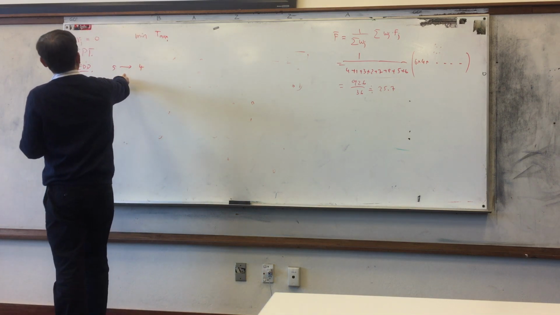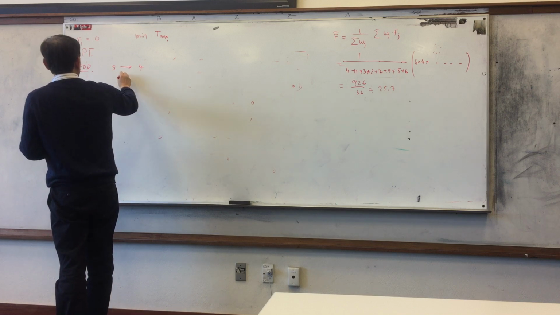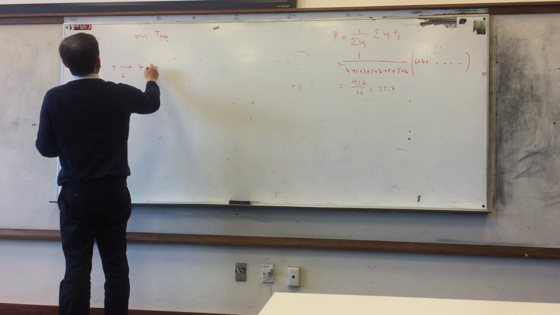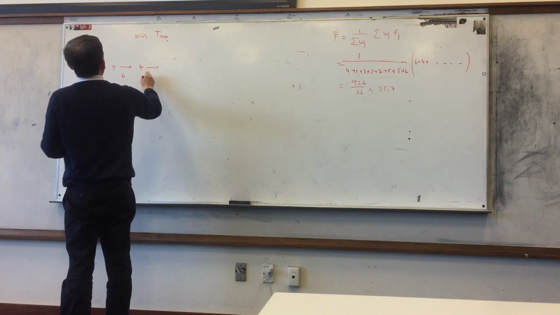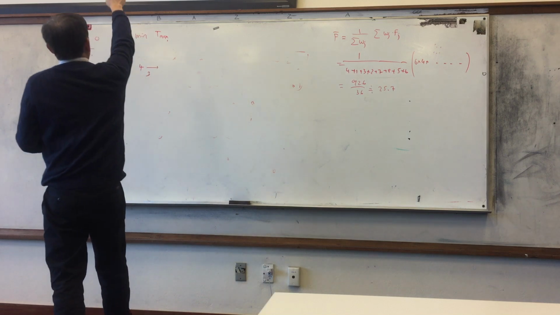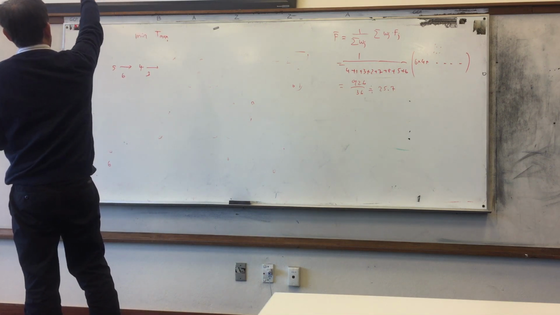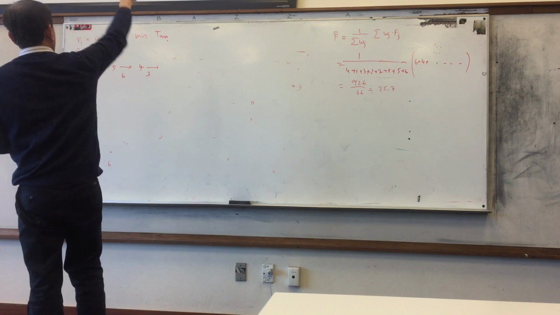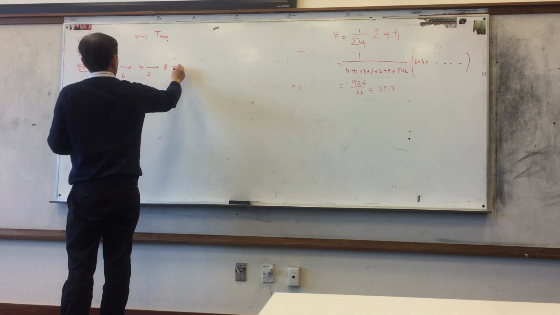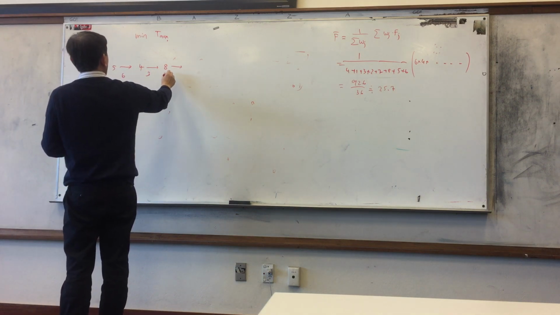I'm going to calculate the actual time. So 5 has a flow time of 6, 4 has a flow time of 3. Then the next one is 8, which has a flow time of 8 as well.